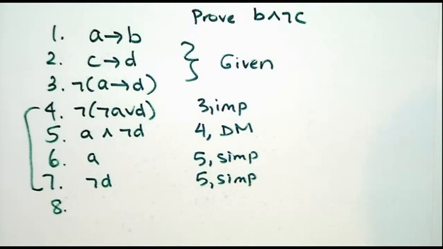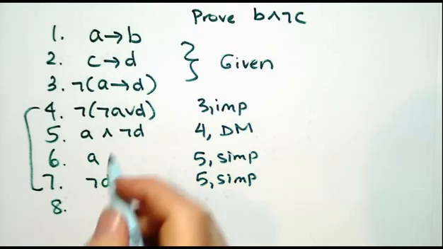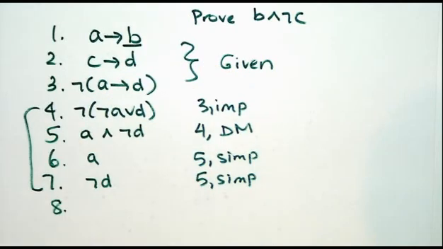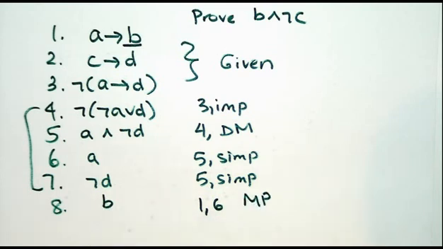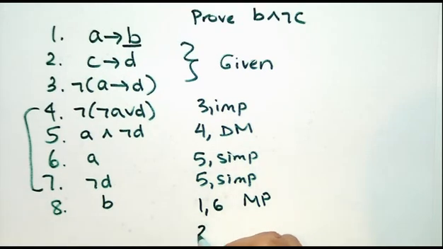All right, so we have A and we have not D. And in order to get the B, which I really want, I can use A to get that with line 6. And the rule for that is modus ponens. So we got B, yay. The next thing I want to get is not C. Does anybody see how I could get it? So what lines am I going to use? 2 and 7.